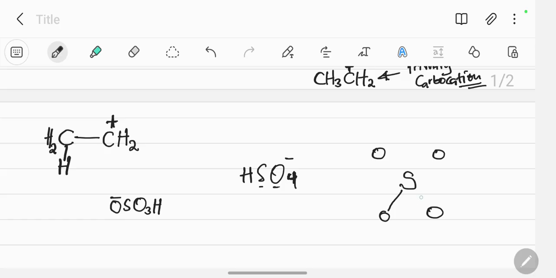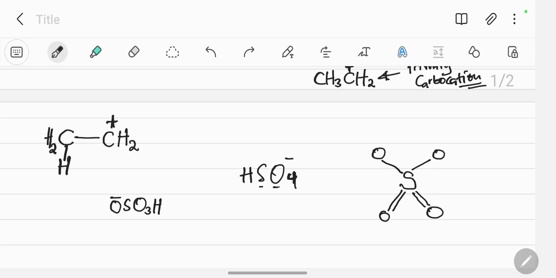Then oxygen, we know very well that it takes a maximum of 2. So it's going to be 1, 2, 3, 4, 5, 6.